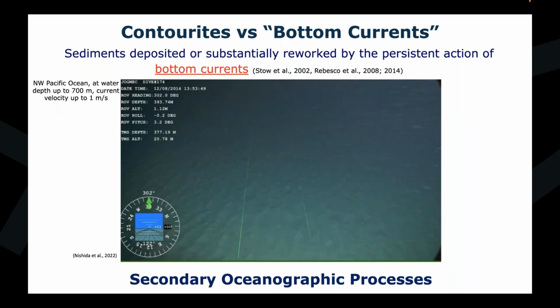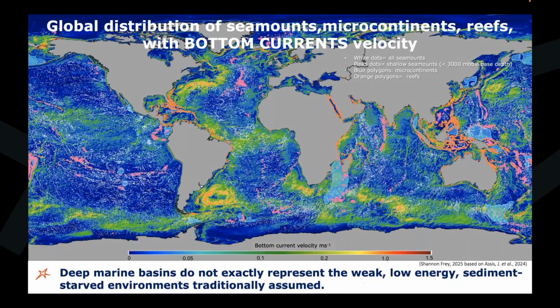And some of them, the velocity associated with these secondary processes could be more than 100 centimeters per second, much higher compared to the thermohaline circulation. And with this velocity, because of the influence of these secondary processes, we could have coarse sands or even gravels in the deep water.